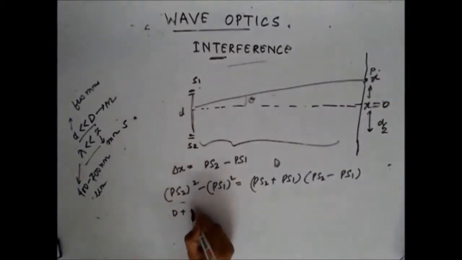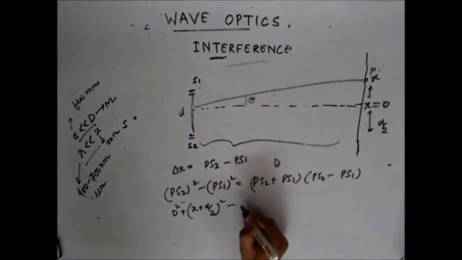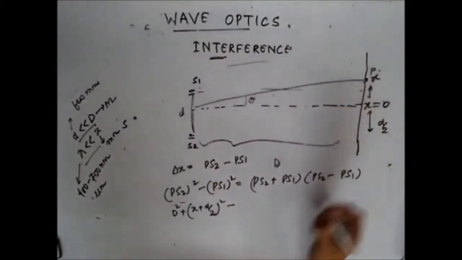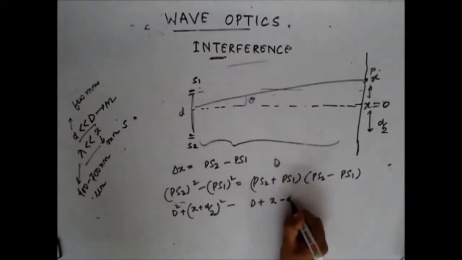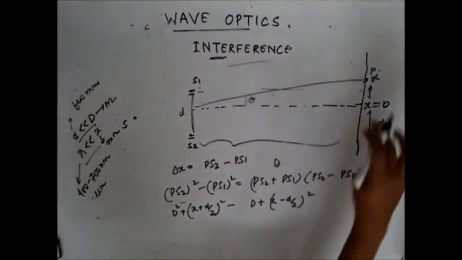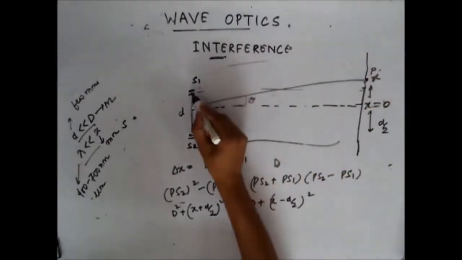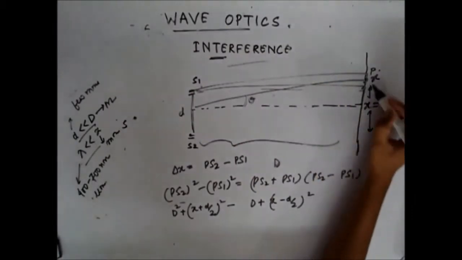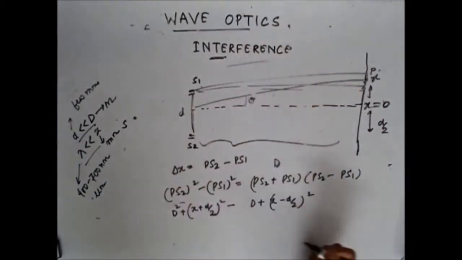PS1 squared is capital D squared plus x minus d by 2 whole square.